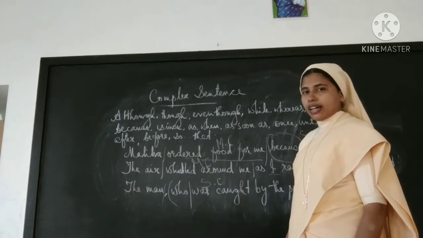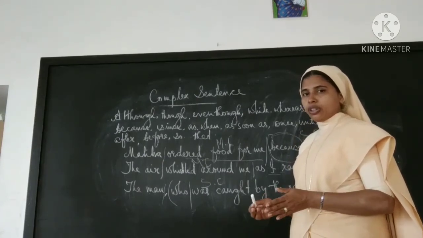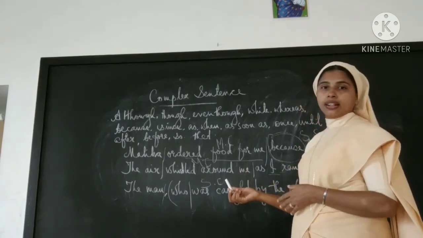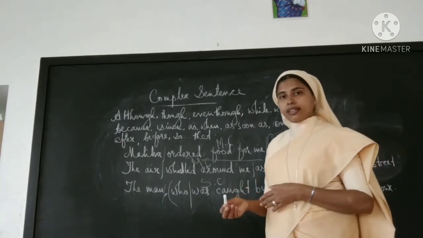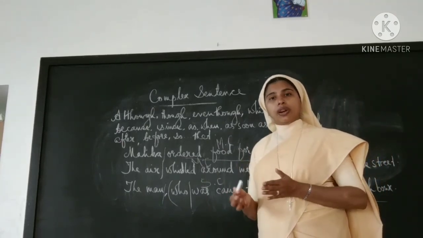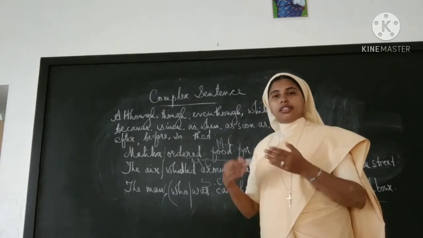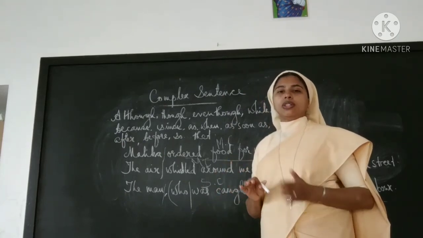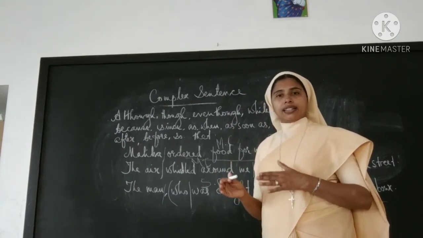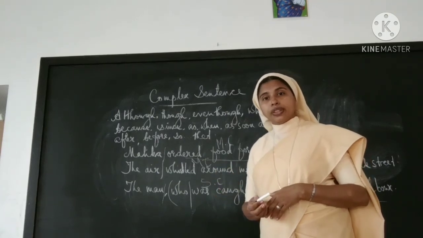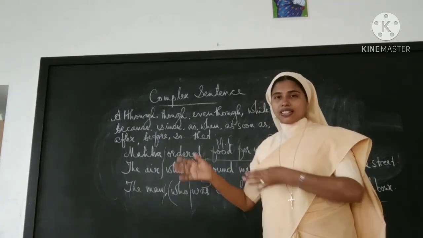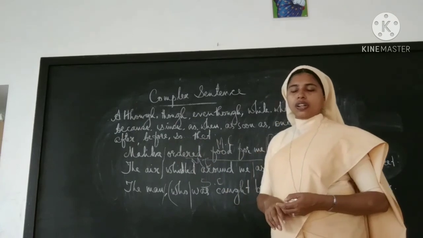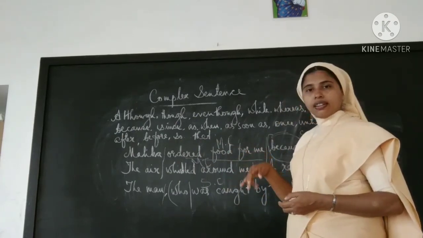Okay, I think that now it's clear for you how to make a sentence into a complex sentence, or how you will identify a complex sentence. There must be a subordinate clause in order to make a sentence into a complex sentence. Okay children, I think that it's clear.